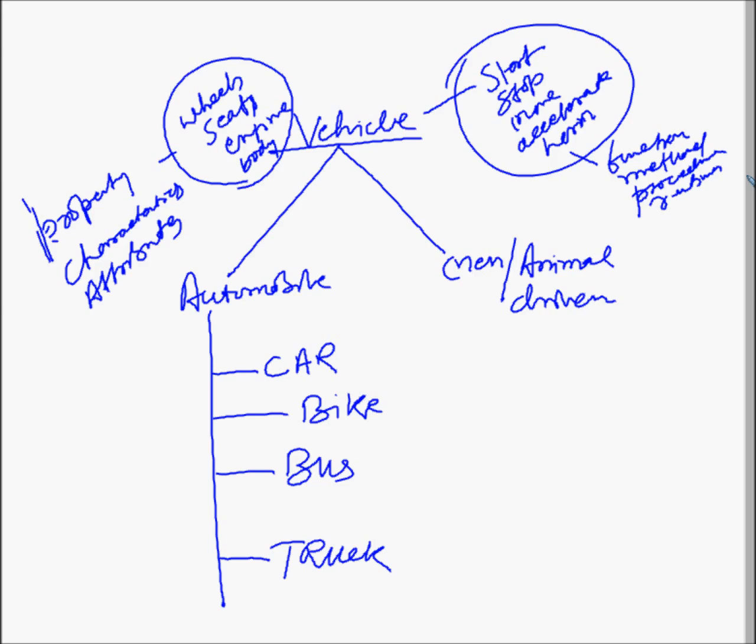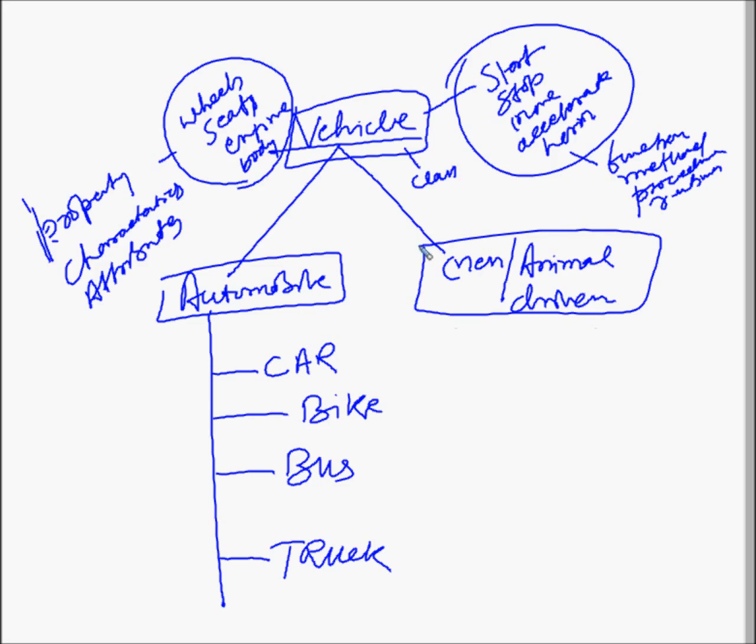Now here we are having automobile, here we are having vehicle, and here is a car and all. So what do you think? What is object here? Here there is no object. All these are classes. But it is again having two other categories: one is the automobile, second is the man or animal driven. So I can say this is the subclass, or sometimes we call it derived class.